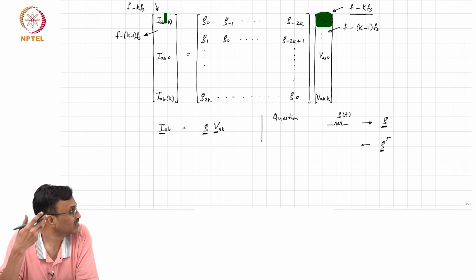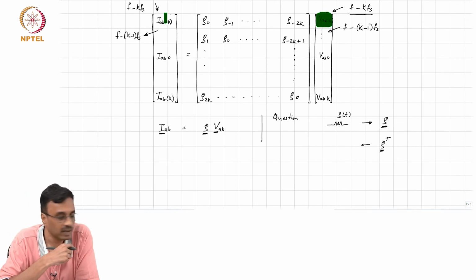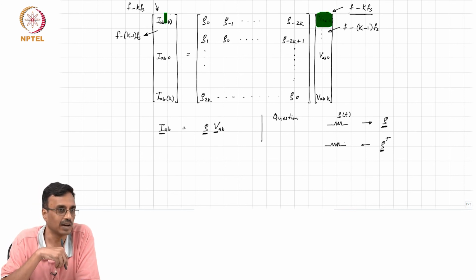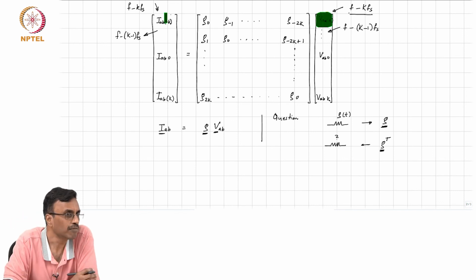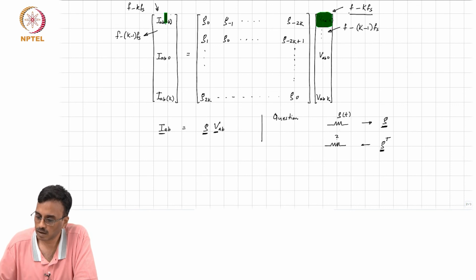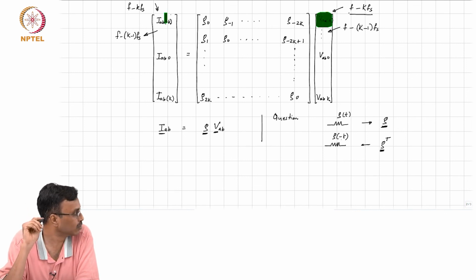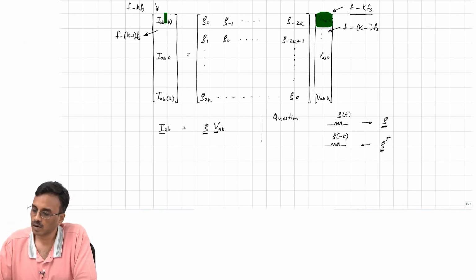It is square with size 2K plus 1 cross 2K plus 1. Now if I transpose this matrix, evidently that corresponds to some other conductance. What does that correspond to? G of minus t. Just something to keep in mind, we'll use this later. But it's a simple observation. All right, excellent.